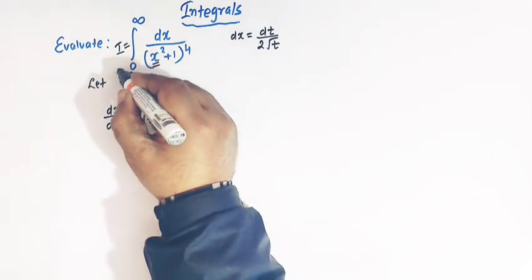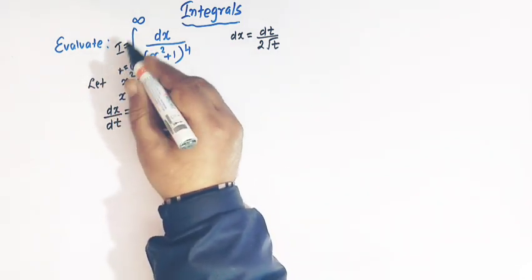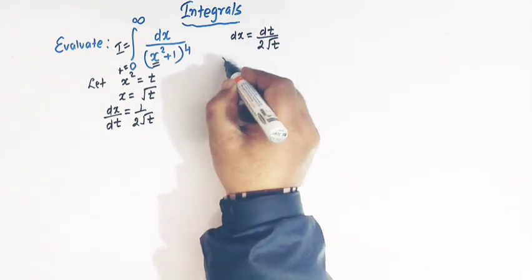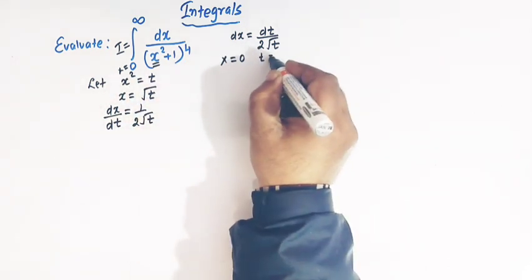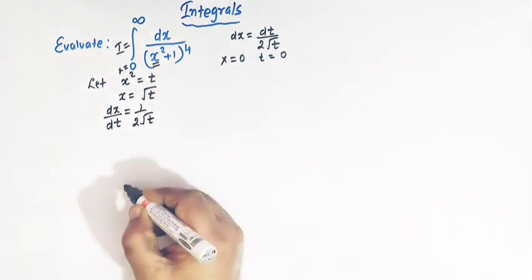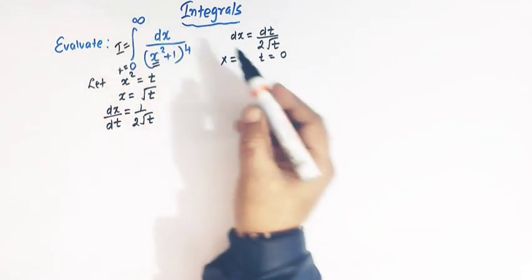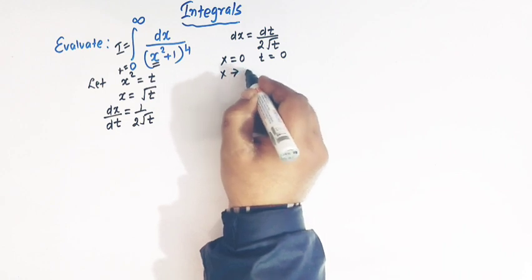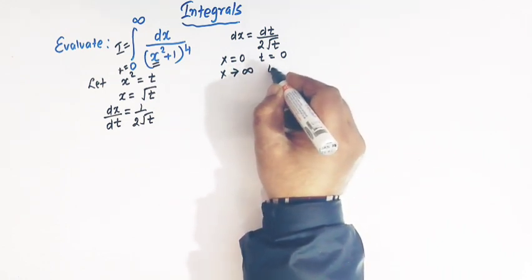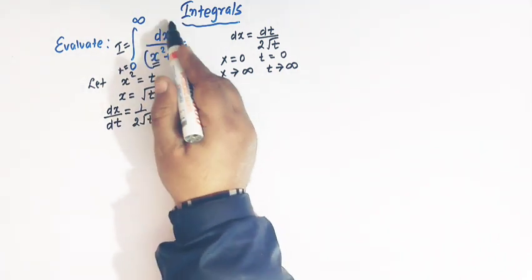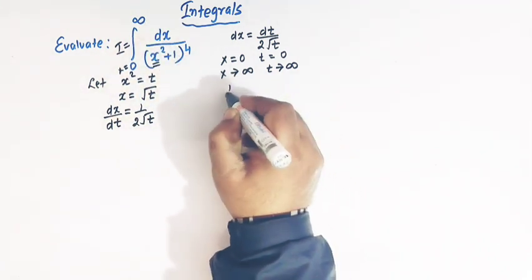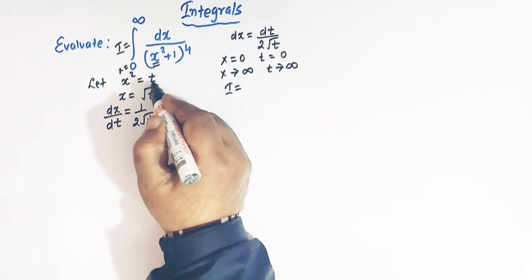Now see here, the limits of integration vary from 0 to infinity. So when x is equal to 0, then the value of t is also equal to 0. And when x is tending to infinity, then t also tends to infinity. So now we can rewrite this integral in terms of this new variable.